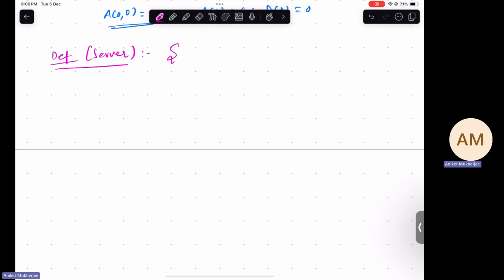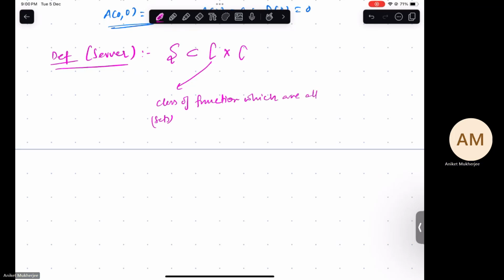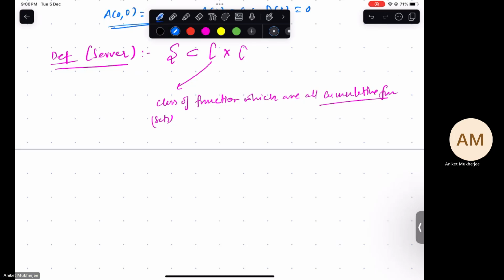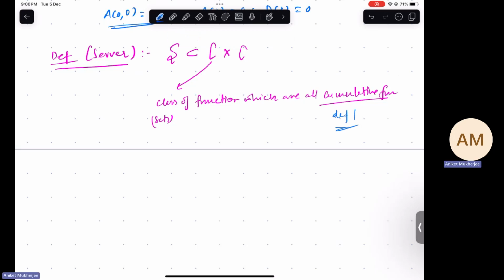Right. So you have a server S. Now what is C? C is a class of functions, or you can say a set of functions, which are all cumulative functions. This is from definition 1. Right.